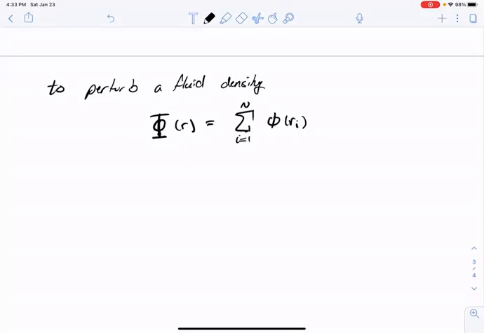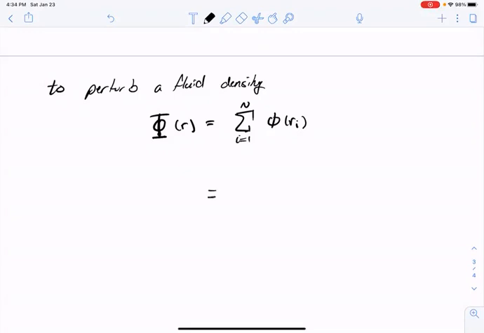So again, this could be some external potential I applied to a fluid. If it acts just on each individual particle, the total energy associated with this potential acting on the total fluid would be just to sum up all of its components acting on each individual particle.